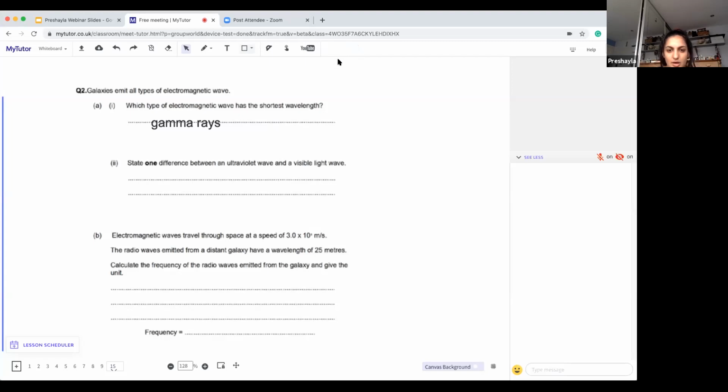Okay, so UV has a shorter wavelength, good. UV has a higher frequency, and you can see visible light. Yeah, that's fair enough. You can have that one.